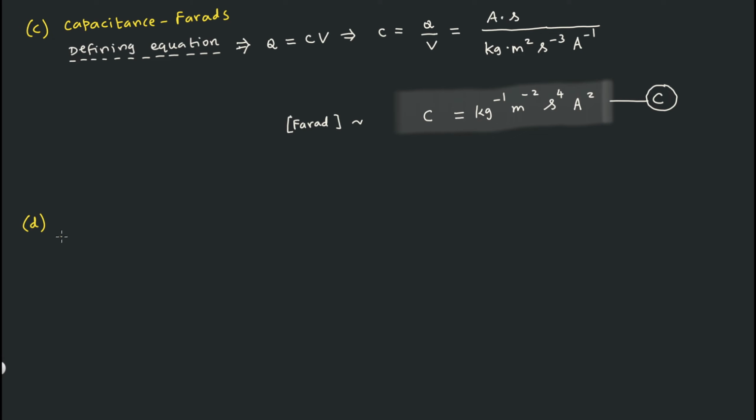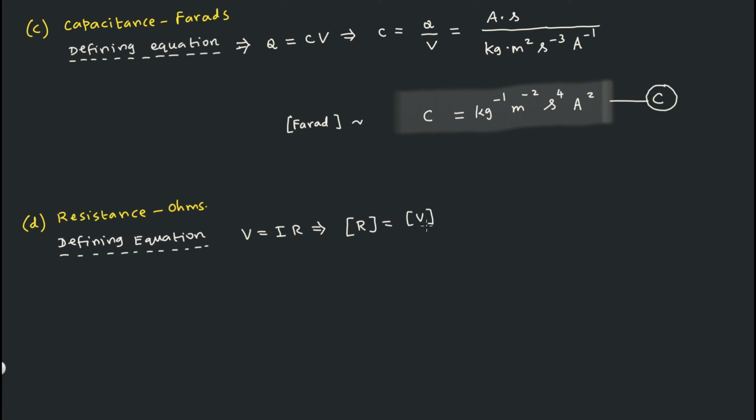So the next in the list that we have is the resistance, and the equation is a familiar equation to you, which is nothing but V equal to IR. So use this expression that tells you that the dimensions of the resistance will be given by the dimensions of the voltage divided by that of the current.